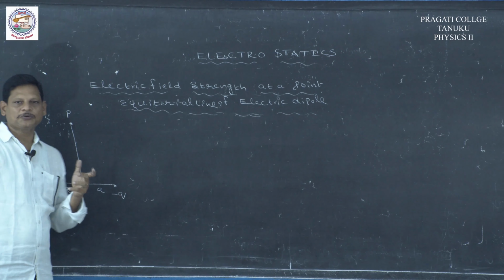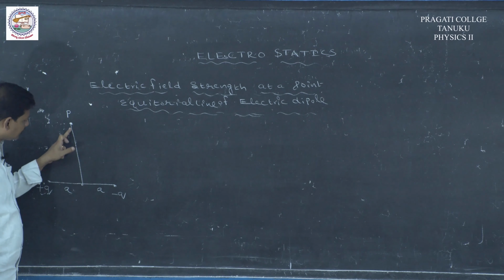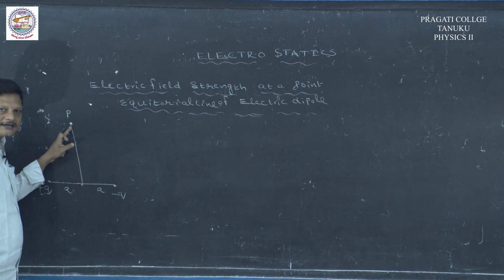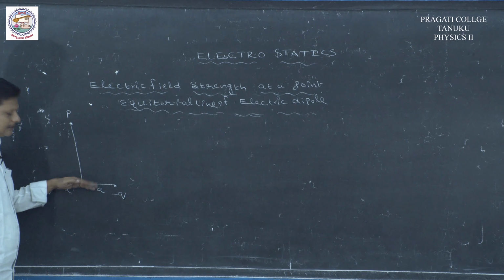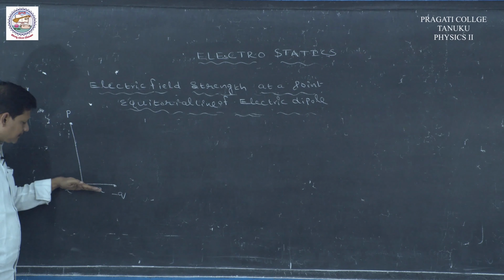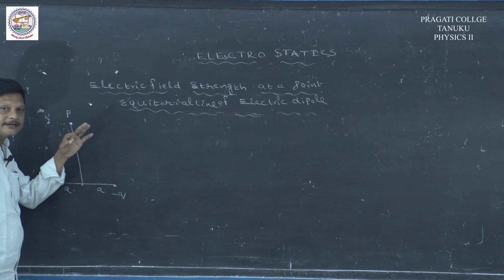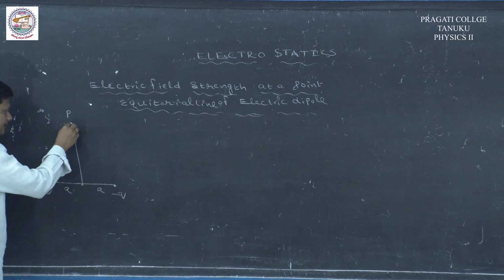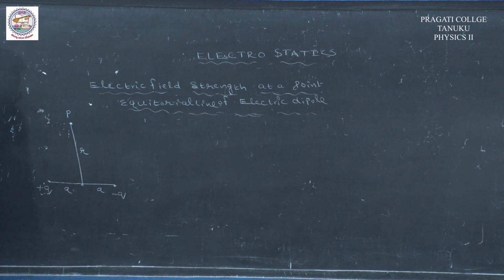What is meant by the equatorial line? The line passing through the center of the electric dipole and perpendicular to its axis is called the equatorial line of the electric dipole. Let P be the point on its equatorial line at a distance small r from its center.